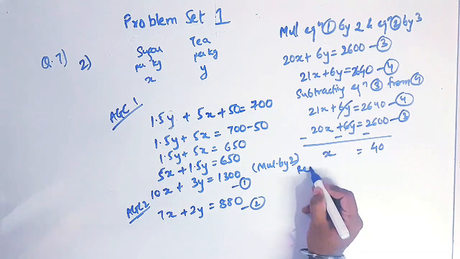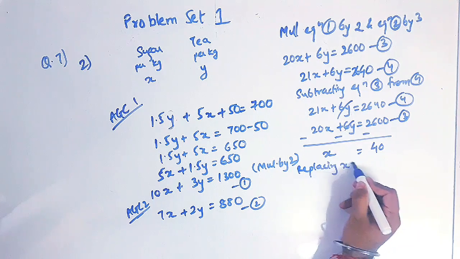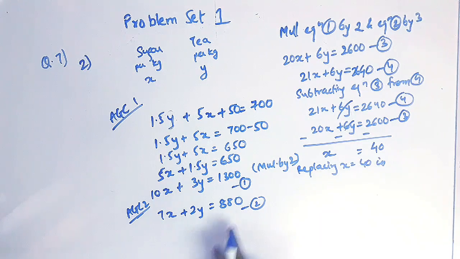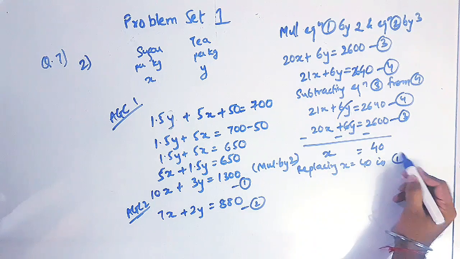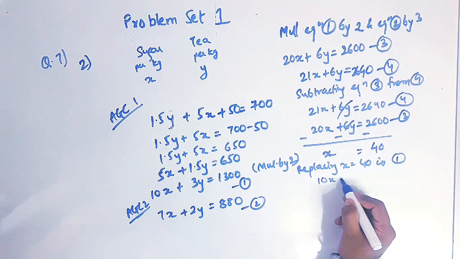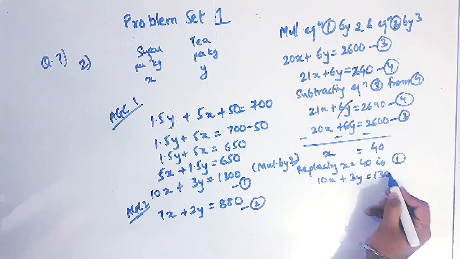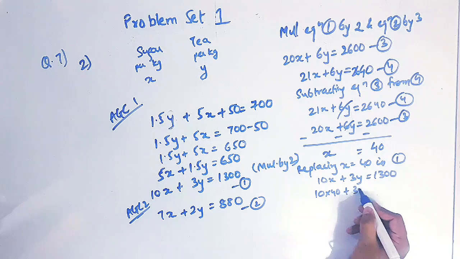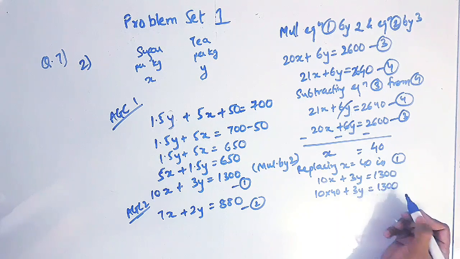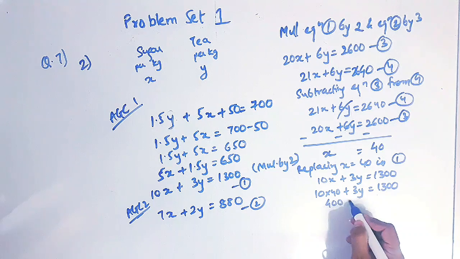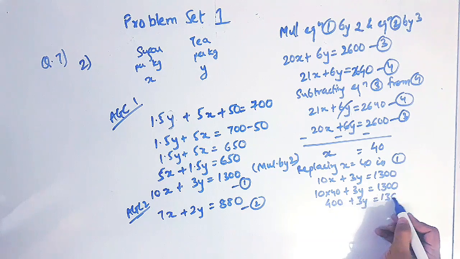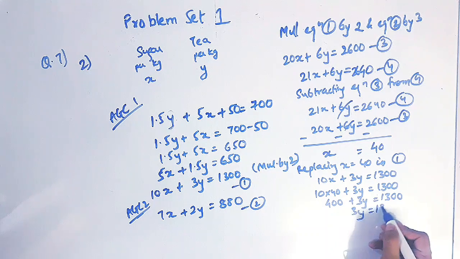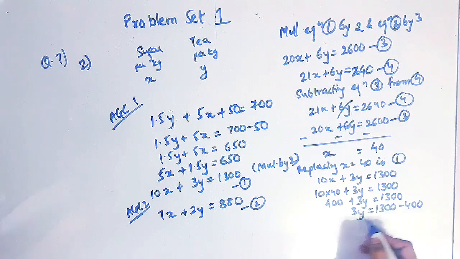Now you can replace x equals 40. In which equation will you take it? The easiest of them. I'll take the first one. So 10x plus 3y equals 1300. You can write 10 into 40 plus 3y equals 1300. This becomes 400 plus 3y equals 1300. 3y equals 1300 minus 400, so 3y becomes 900.